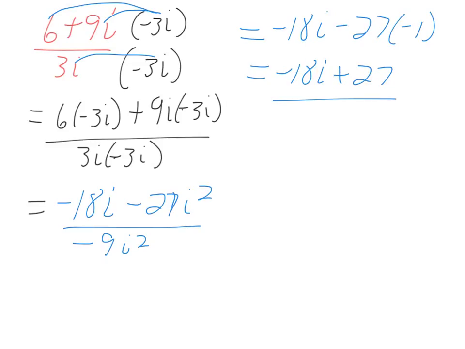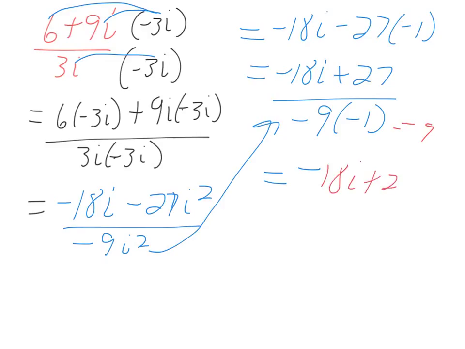Then on the denominator, I have my negative 9i, so that's going to go in here. So negative 9, and that's negative 1, because it's i squared. So that's going to give me 9. So on the top then, I have negative 18i plus 27 all over 9.